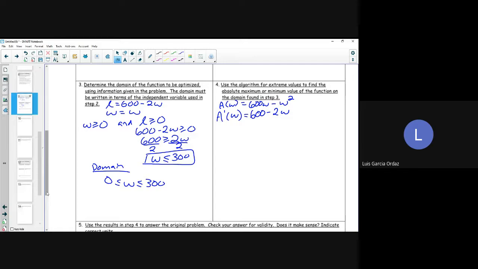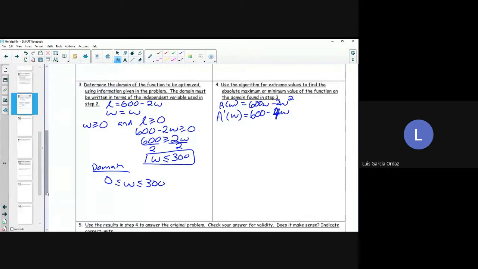Oh, 2w squared. Yep. Whoops. My bad. Thank you for catching my mistake. So it's 600w minus 2w squared, and the derivative would be 600 minus 4w.